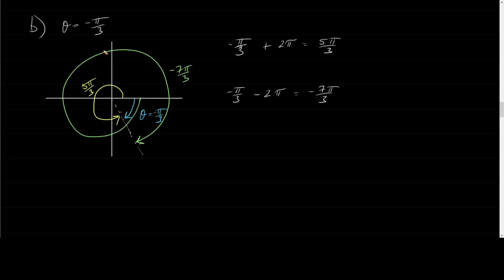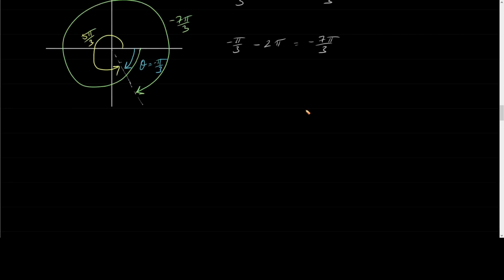Right? It is negative because it goes this way. Now, we could have removed another rotation to find another coterminal angle from here, or added another one from here, but we wanted to make sure that we ended up with one positive and one negative. All right, but again, essentially to find coterminal angles, just add or remove rotations.